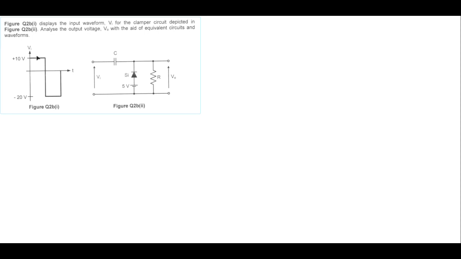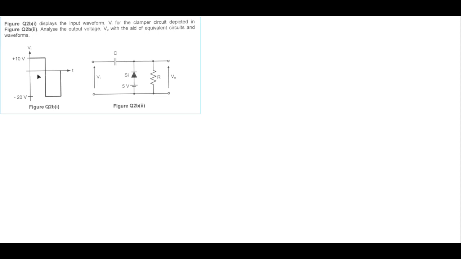If you use a negative clamper, the signal will be moved downward. And if you use a positive clamper, your signal will be shifted up.